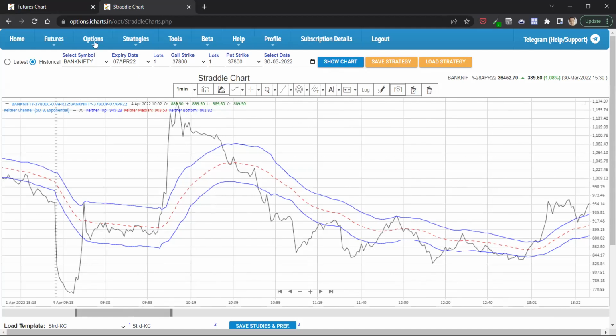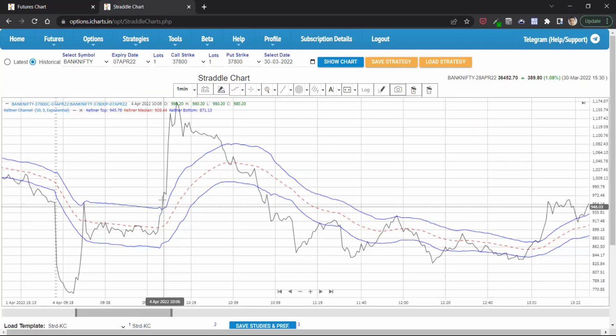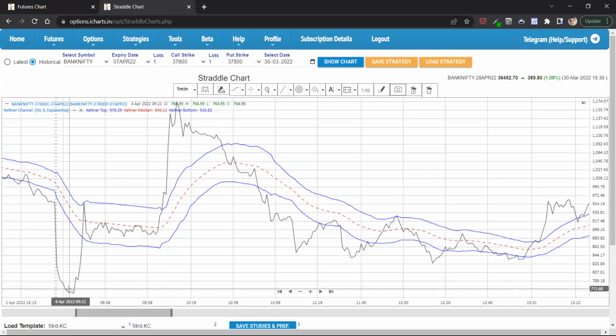What this does is it quickly hedges your upside. I don't know exactly where you would have hedged. Because this was such an abnormal move, you could have even hedged over here itself, or maybe below, before this happened.